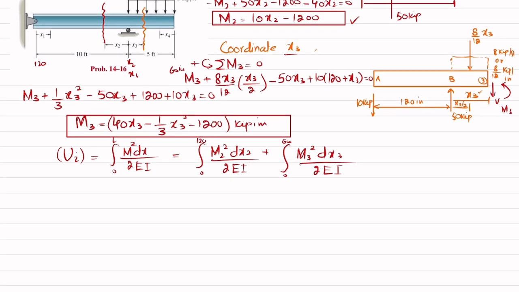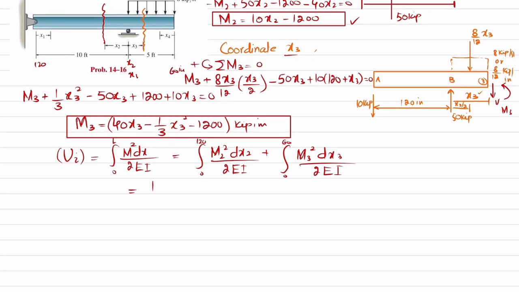Clear? Now we can take 1 over 2EI common from both sides. So 1 over 2EI, and we will be left with integral of 0 to 120 m2 square dx2 plus integral of 0 to 60 m3 square dx3.